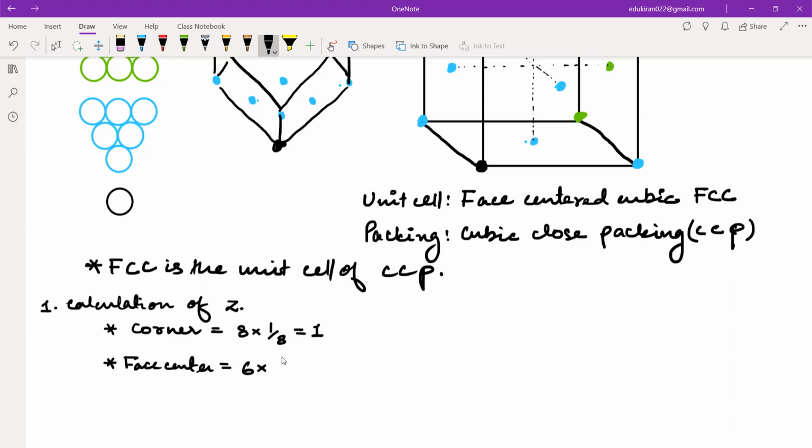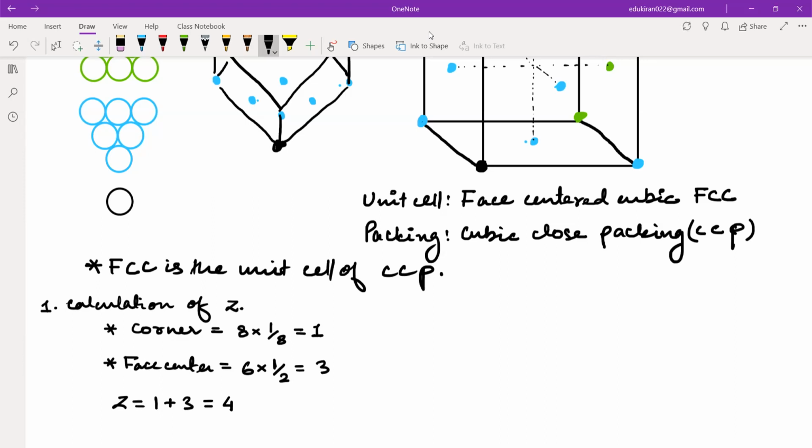What is the contribution of each? 6 into what is the contribution? 1 by 2, which will be equal to 3. So Z is equal to how much? 1 plus 3 equal to 4. Correct? This is equal to 4.